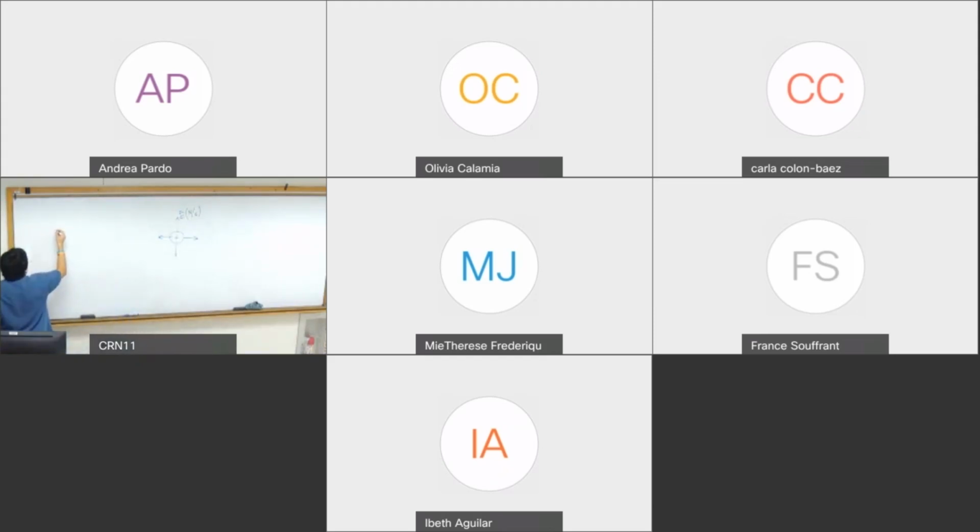So, if you have an electric field pointing like that, then if you have a positive charge, the charge will move in this direction due to an electric force. And we already know from last class that the electric field is the electric force per unit charge.